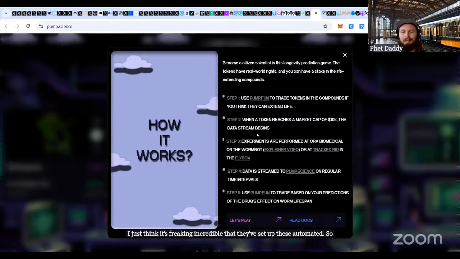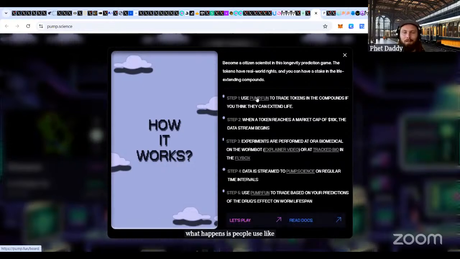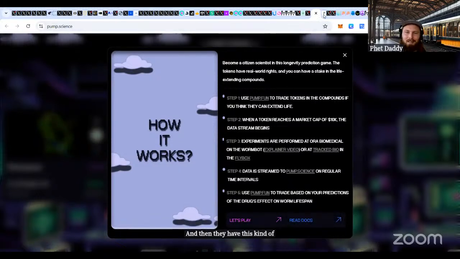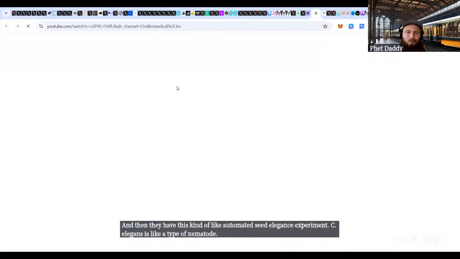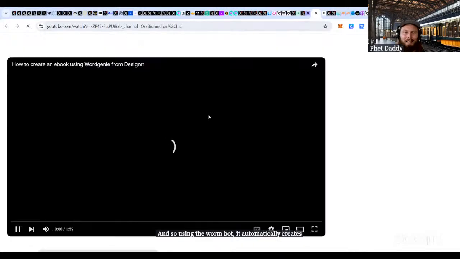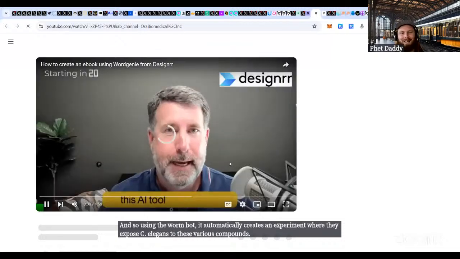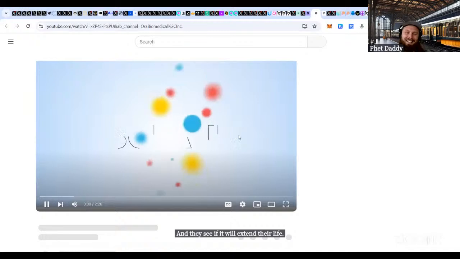If I'm reading this correctly, people use a pump fund metric to nominate various compounds that they want to test. Then they have an automated C. elegans experiment. C. elegans is a type of nematode. Using the worm bot, it automatically creates an experiment where they expose C. elegans to these various compounds and see if it will extend their life. It's psycho that someone built this.